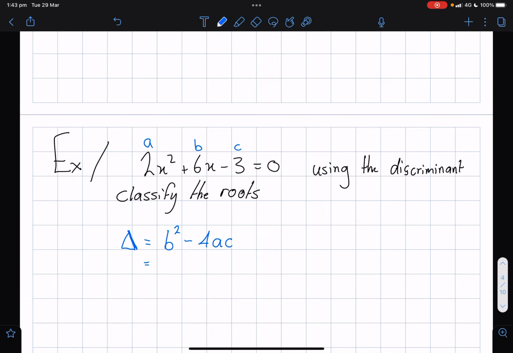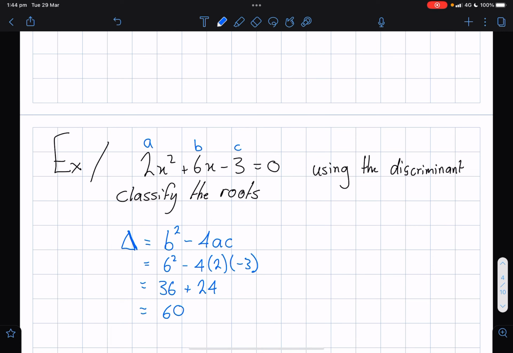So substituting in b squared, that's 6 squared, take away 4 times a, which is 2, times c, which is negative 3. All right, so 6 squared is 36. 4 times 2 is 8. 8 times negative 3 is negative 24. And we've got that negative sign there, so we're going to add 24. 36 plus 24 is 60.